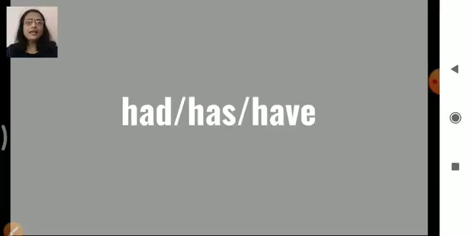Then these three words, had, has, have, are used here along with the past participle to create the perfect form of any given verb. So the past participle is used with these verbs, which are they?